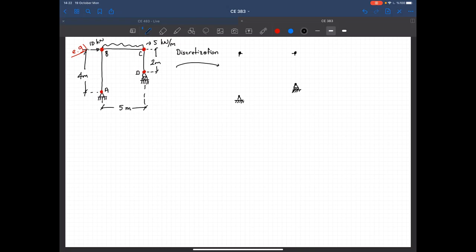So by definition, between two nodes, we have a member. So I have member BC, I have member AB, and I have member CD. So when I look at this structure, I no longer see a continuous structure, but I see a structure that's composed of 4 nodes and 3 members.